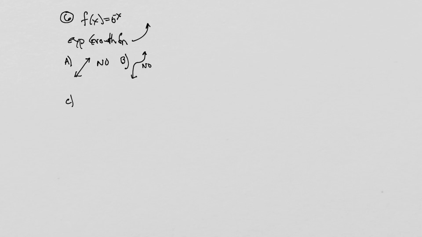Here's C. C looks like this. I think that's it. Let's just check D. The picture I'm given here in D looks like this. So the only one of these functions, A, B, C, or D, that looks like this one is C. So we'll conclude that our answer here is C.